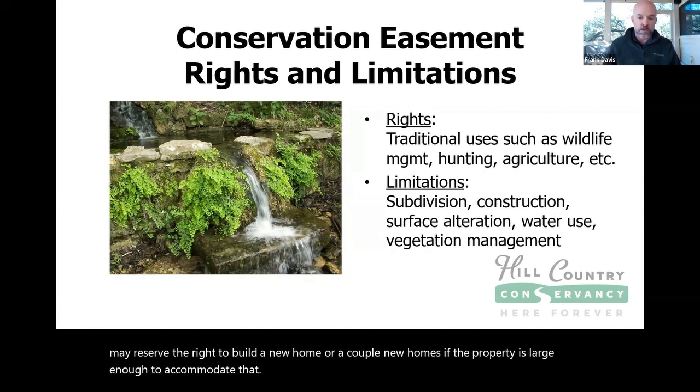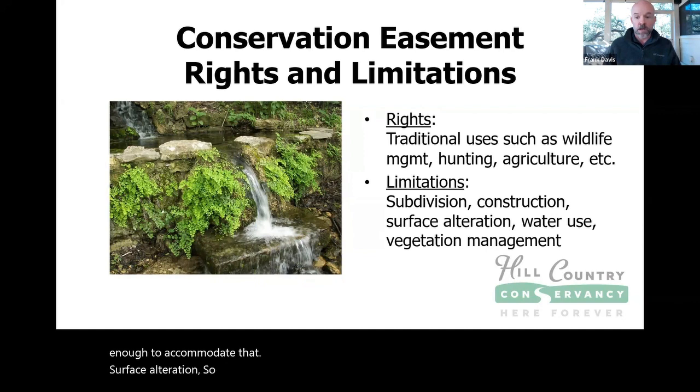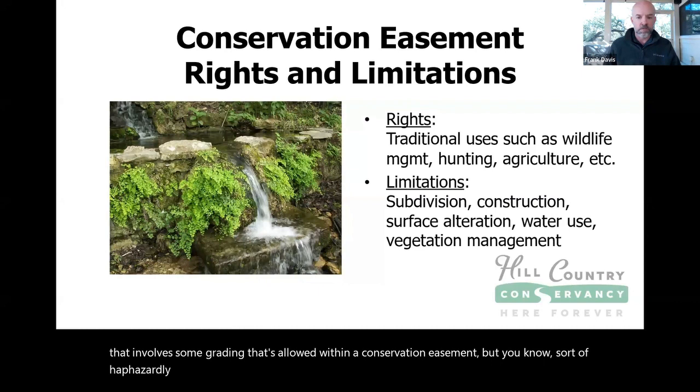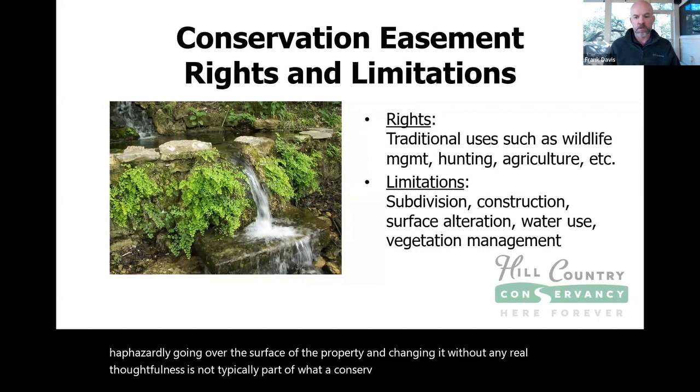Surface alteration, so outright sort of grading and such. You may need to build some roads, so that involves some grading. That's allowed within a conservation easement, but sort of haphazardly going over the surface of the property and changing it without any real thoughtfulness is not typically part of what a conservation easement allows.